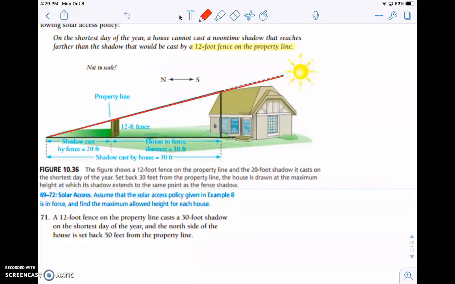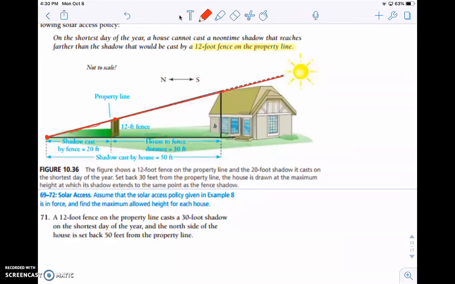If you imagine an imaginary line where it hits the peak of your roof going to your property line, this ordinance says if you were to have a 12-foot fence there on your property line, then if you continue along that line, the shadow can't cast any further than this arbitrary point right here, than what a 12-foot fence would cast.